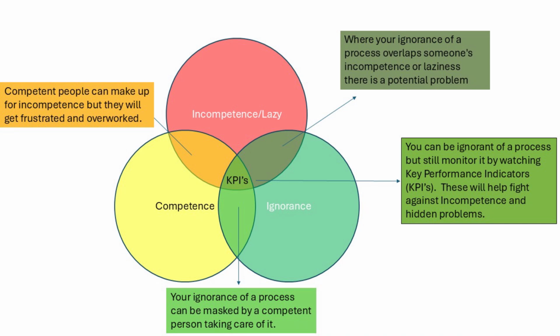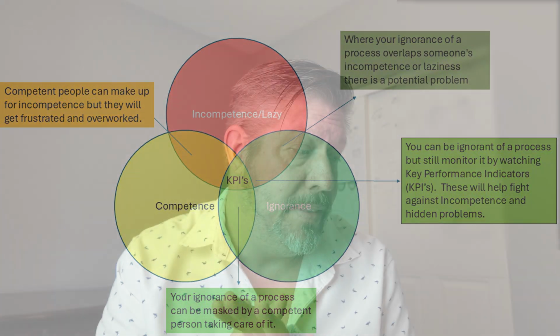And when you put them all together, where the incompetence and laziness overlaps with competence, competent people can make up for incompetence and laziness, but they're going to get frustrated and overworked, right? Where ignorance overlaps with incompetence or laziness, your ignorance of a process overlaps with someone else's incompetence or laziness. There can be big problems potentially.